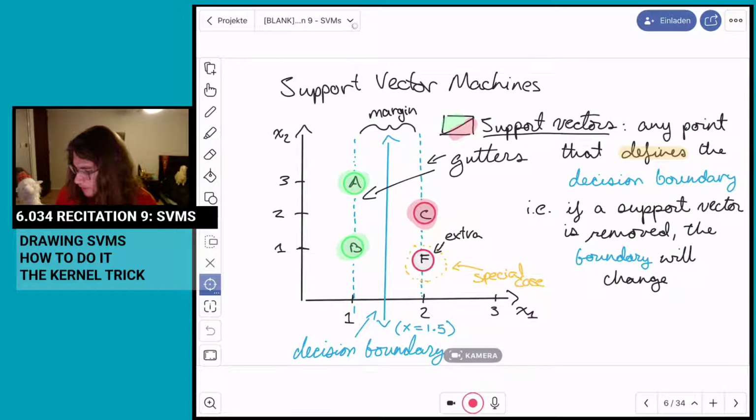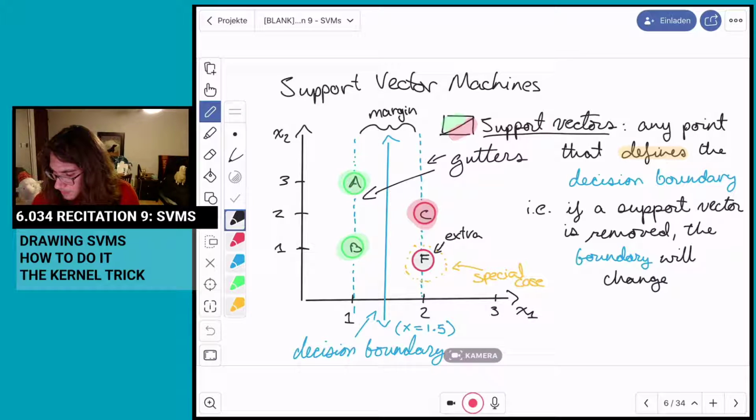Okay, I've already explained more or less what support vectors are, but just to refresh, support vectors are the points that define the decision boundary. And so, by definition, if I were to remove B, the decision boundary would change, because B is supporting this decision boundary by being here. But if I were to remove it, you can see the decision boundary could conceivably change to be like this.